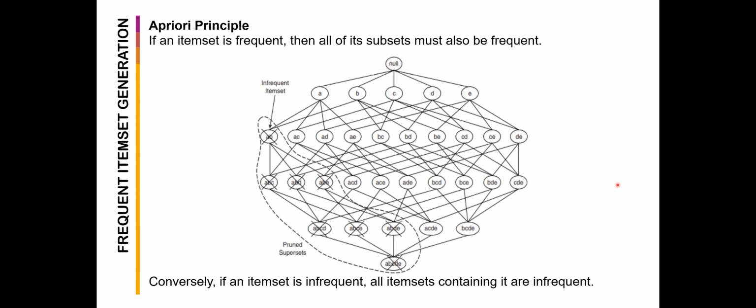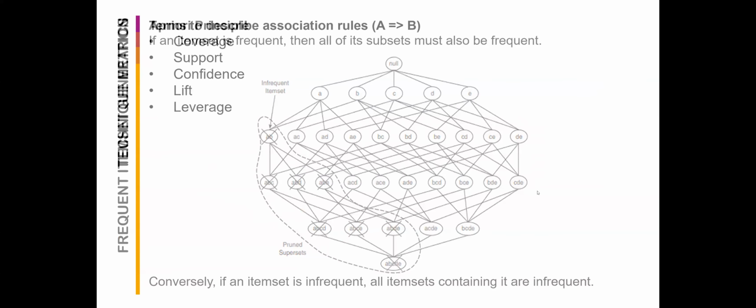Conversely, if an item set is infrequent, all the item sets containing it will be infrequent as well. So if AB is considered infrequent, ABC, ABD, ABCD, ABCDE, and so on are all infrequent. So we can simply cut or prune this structure, removing these infrequent item sets, and just consider the rules on the rest of the item sets.